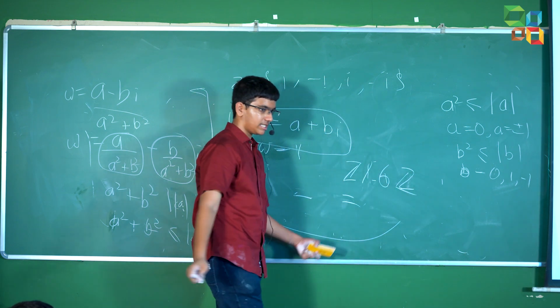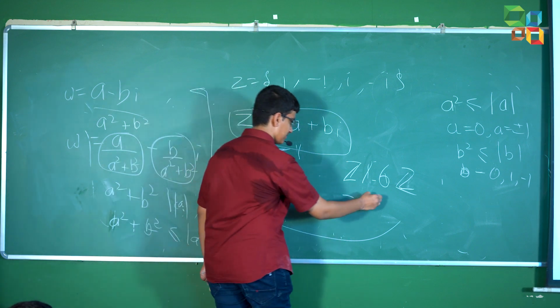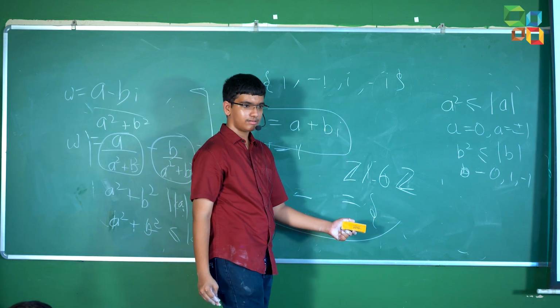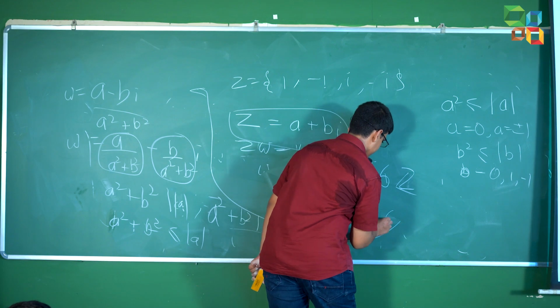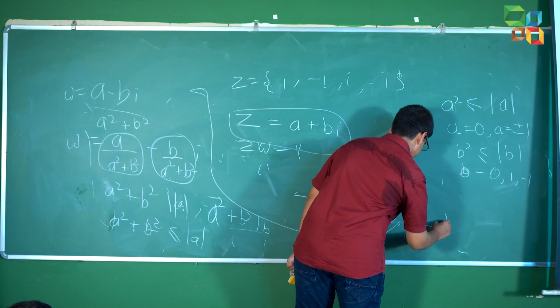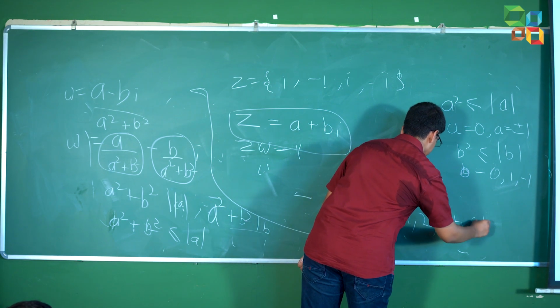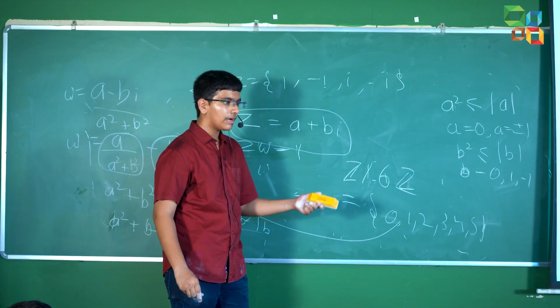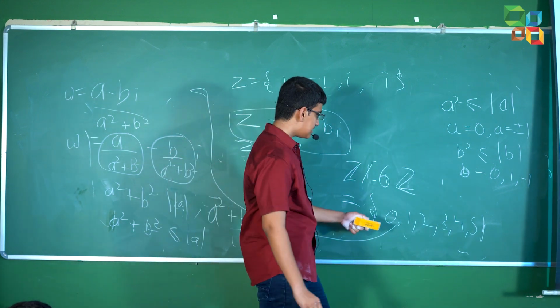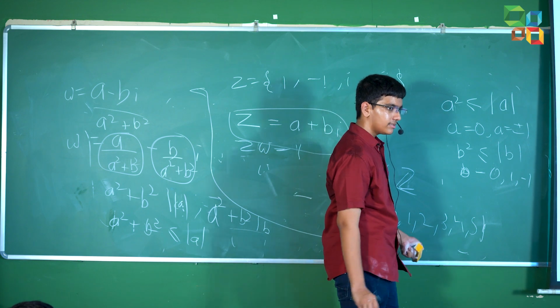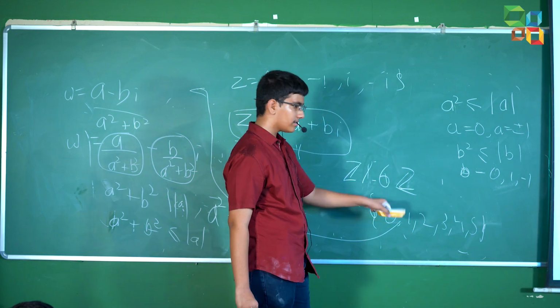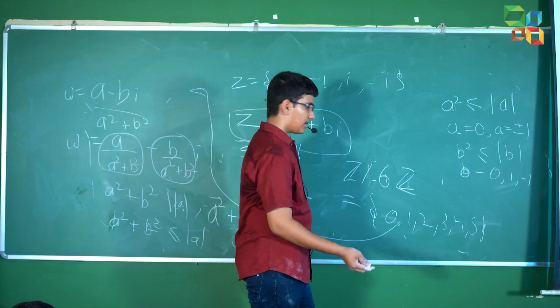Right? What is Z mod 6Z? 0 to 5. Try finding units. Basically, what you do to find units is you take a random number, see if there's some number with which you can multiply it to get 1.